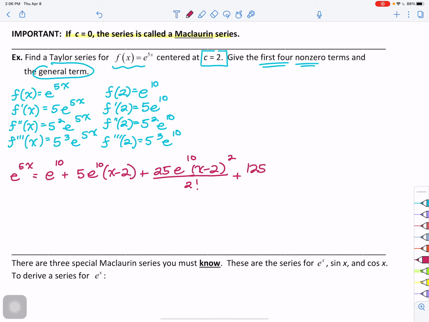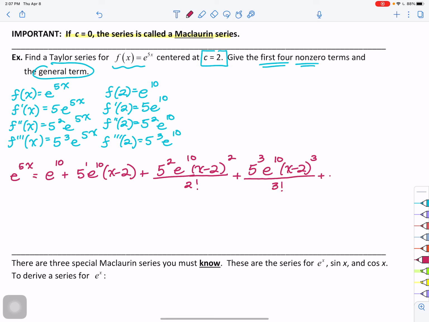And we could have written 5 to a power here. I almost like that better. Plus 5 cubed e to the 10th, x minus 2 cubed, all over 3 factorial.